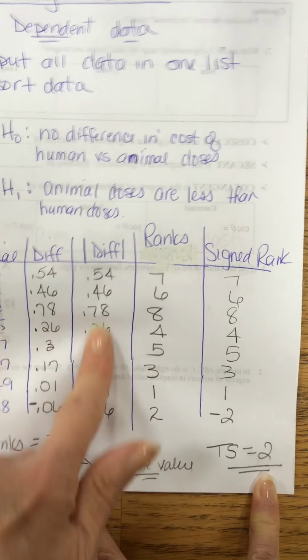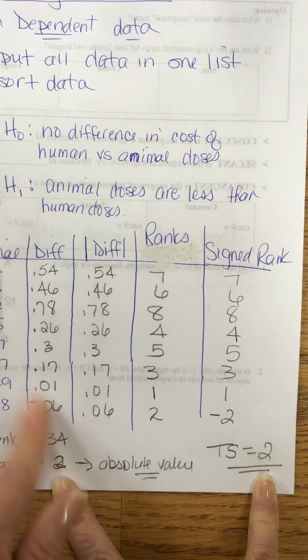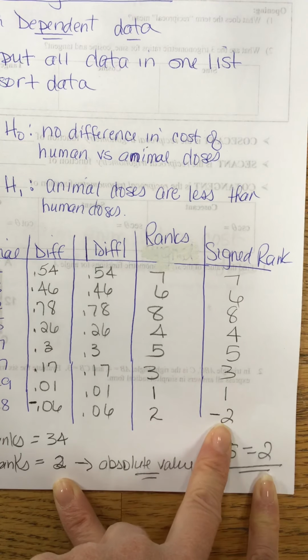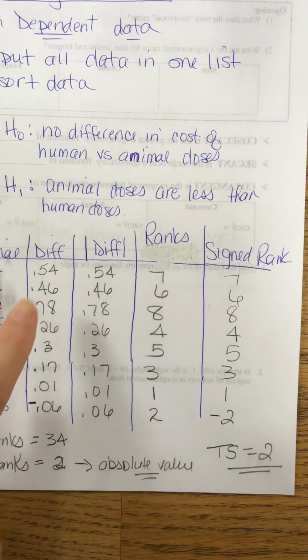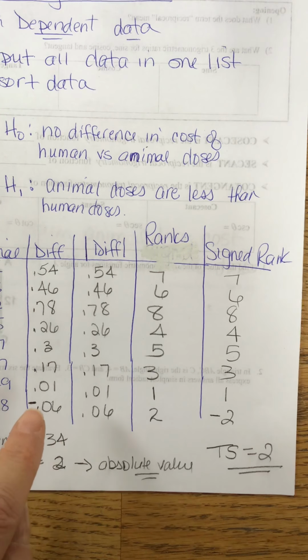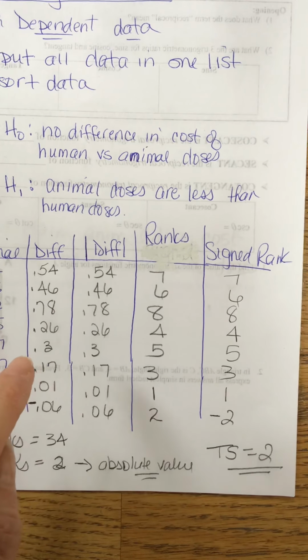So if you have a difference that's negative, that difference becomes a negative rank. You don't want to rank the differences because that means all the negative rank numbers would all be ranked low and all the positive would be ranked high.